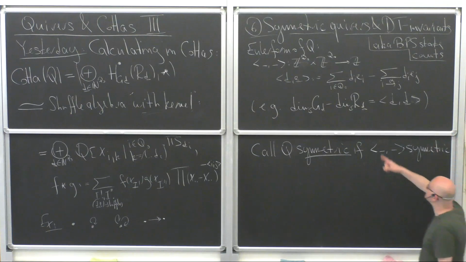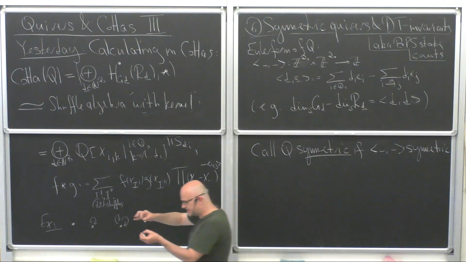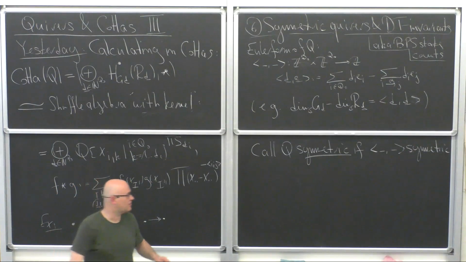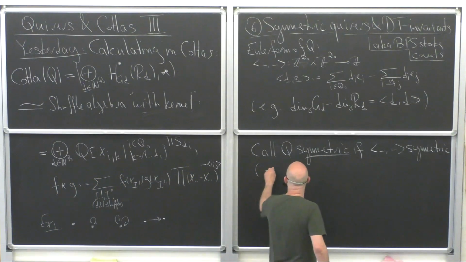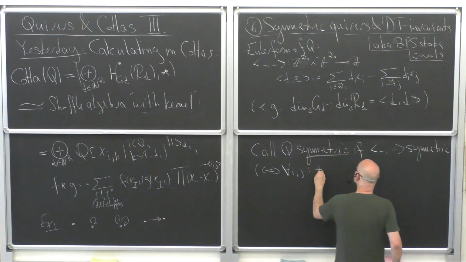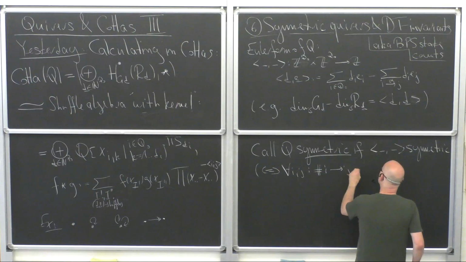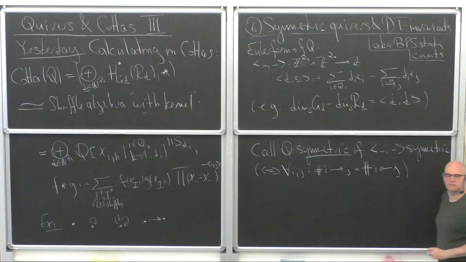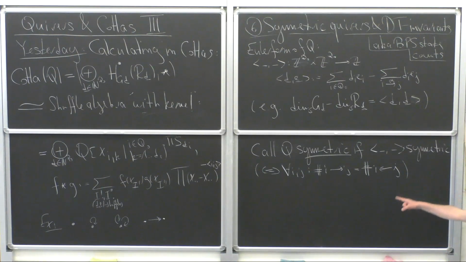In other words, this means for every pair of vertices, the number of arrows from i to j is the same as the number of arrows from j to i. Equivalently, for all i and j, the number of arrows from i to j equals the number of arrows from j to i. Okay, so that's the important terminology for this section: symmetric quivers.